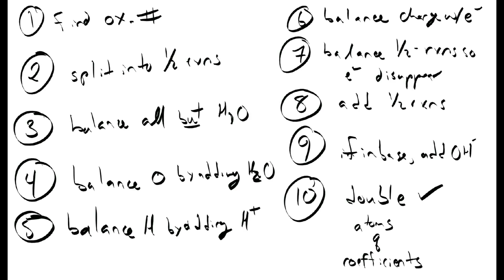And it's possible when you balance the two half reactions against each other in step 7, you might end up with a common denominator or something. So just go ahead and double check that as well. So those are your 10 steps, and that'll be it for this video. See you next time.